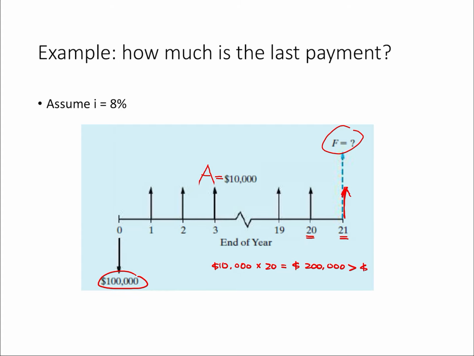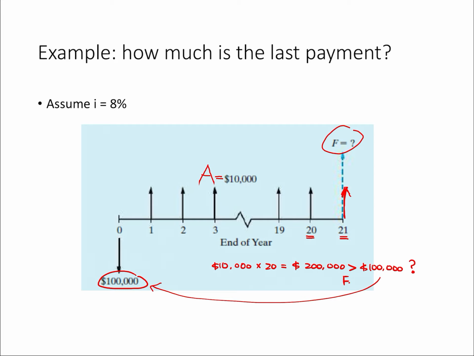Isn't that bigger than what you borrowed at the beginning? What's wrong? If it's bigger already, why do you still have to pay a lump sum at the end of the 21st year?